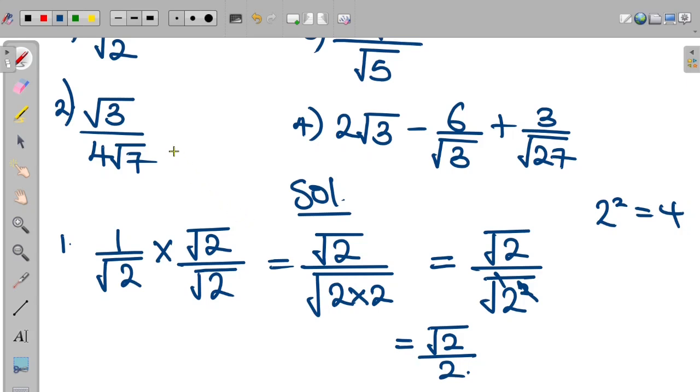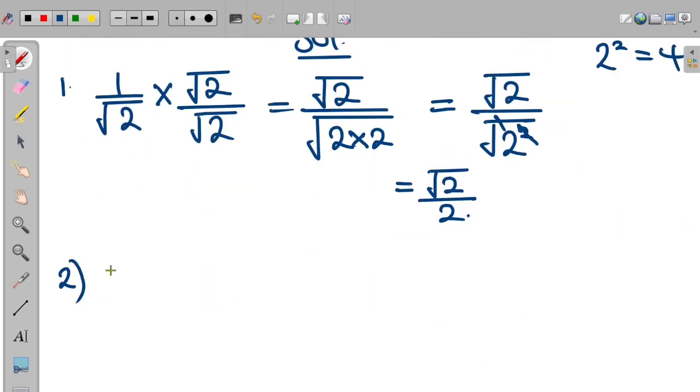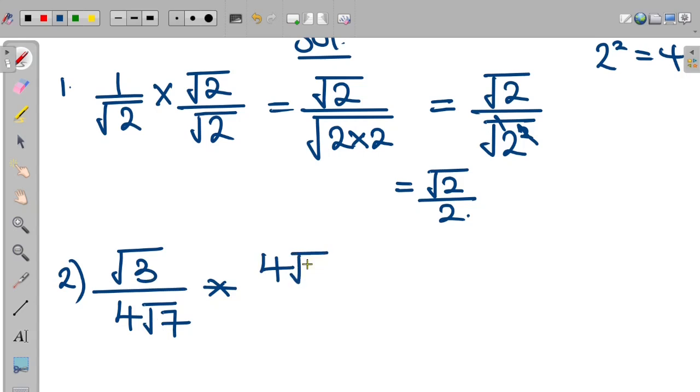Now for question number 2, we have to rationalize root 3 divided by 4 multiplied by root 7. So we have root 3 divided by 4 multiplied by root 7. Now it's still the same idea. We are going to multiply the numerator and the denominator by 4 multiplied by root 7.